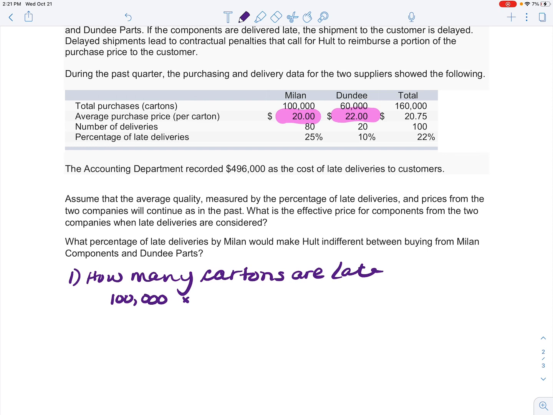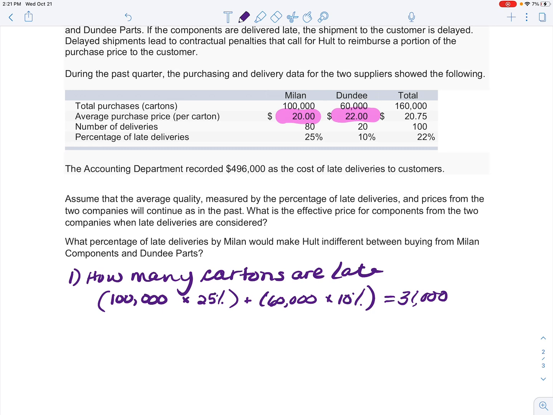They say 25% of that is late. And then we also have Dundee. They have 60,000 total cartons that they purchase from them, and 10% of them are late. So if I do that math, a total of 31,000 cartons are late.